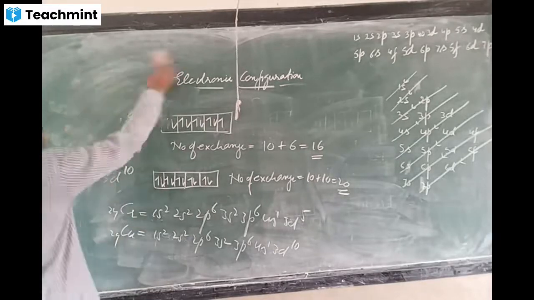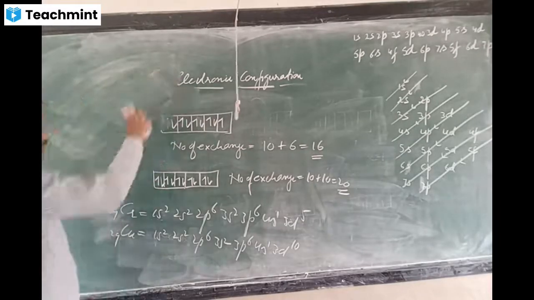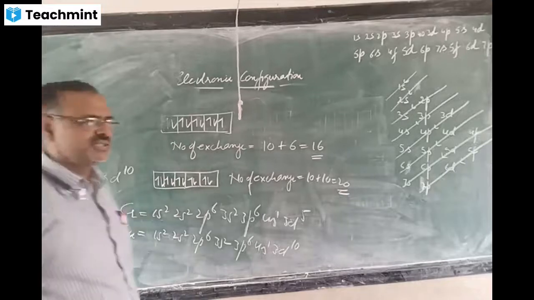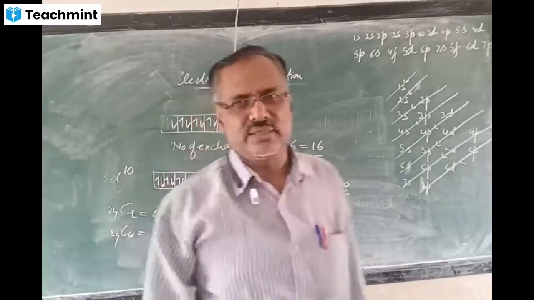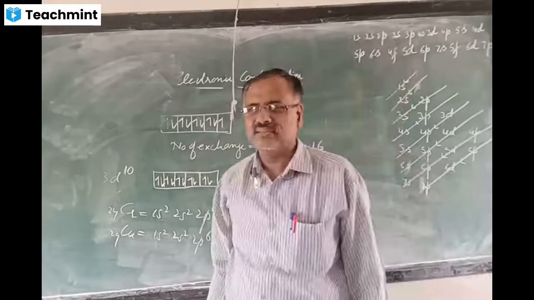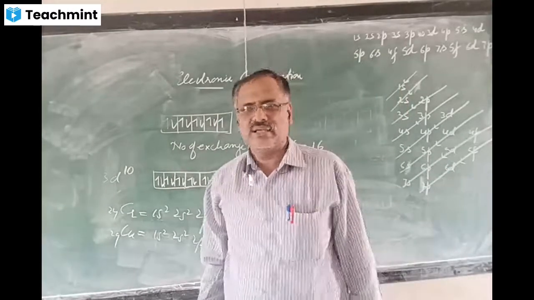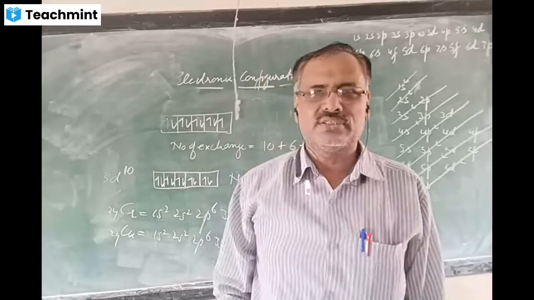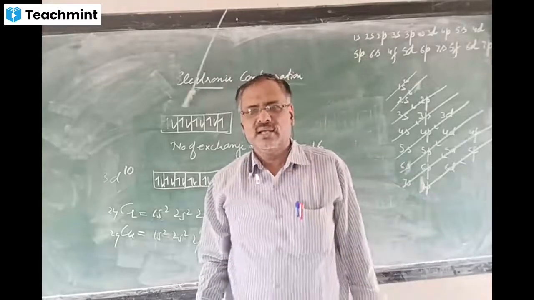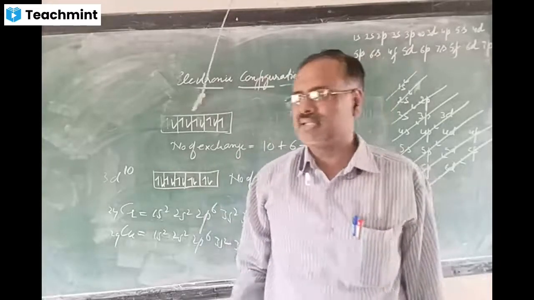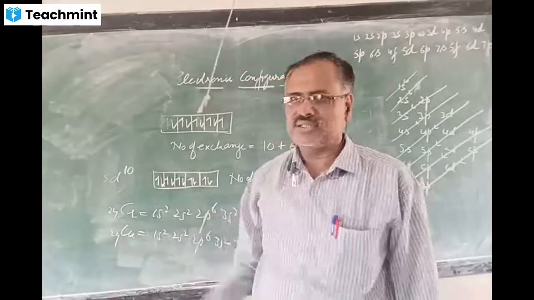Sir, can the number of exchanges be asked in exams? No. Usually the question asked is the electronic configuration. Sometimes we can ask the reason. The reason I have already given you in the notes: half-filled and fully filled orbitals are more stable due to the symmetrical distribution of electrons and greater exchange energy. If it is asked about the exchanges, then you can show it.